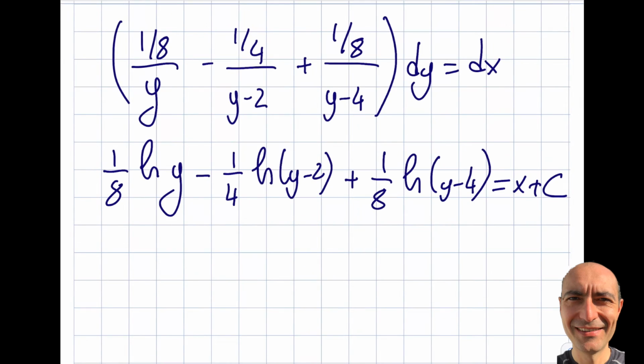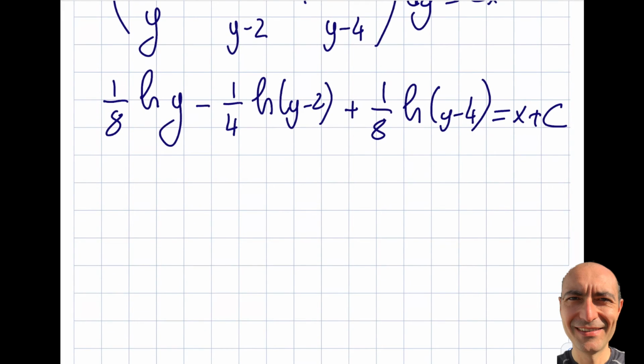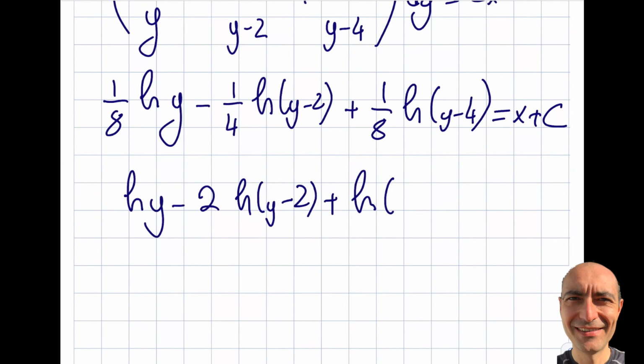I'm going to multiply both sides of the equation by 8. So I can get ln y minus 2 ln y minus 2 plus ln y minus 4 will be equal to 8x plus 8c.